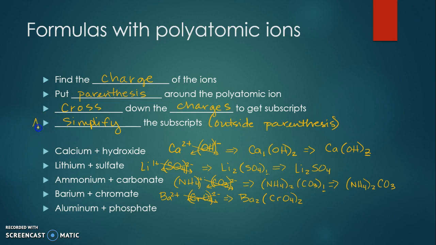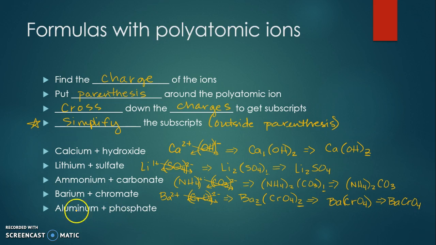Okay, now simplify your subscripts, only the ones outside the parentheses. So the 2 and the 2, the greatest common factor would be 2, so it ends up being BaCrO4, and you can lose the parentheses, so BaCrO4.